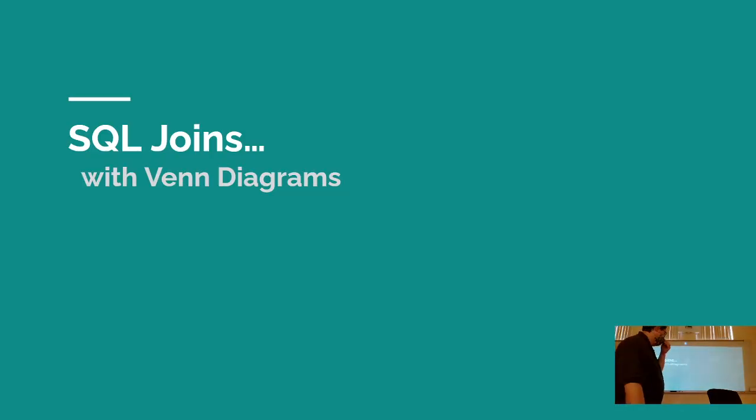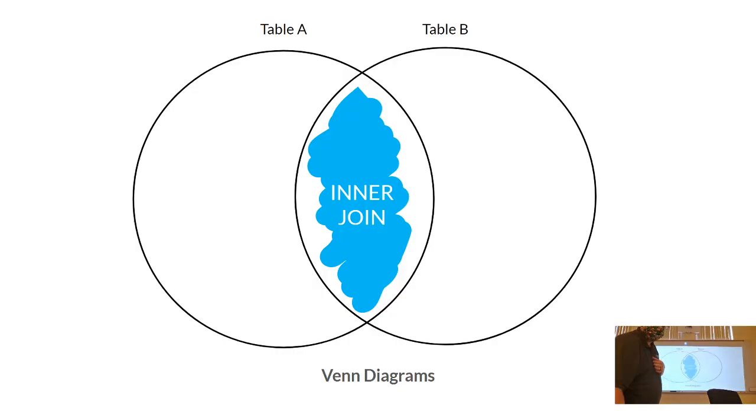So let's connect that to joins. If I'm creating an inner join, what I'm getting is the area in the middle where there is a foreign key and primary key that match up. One of these sides is going to have the foreign key, one is going to have the primary key.